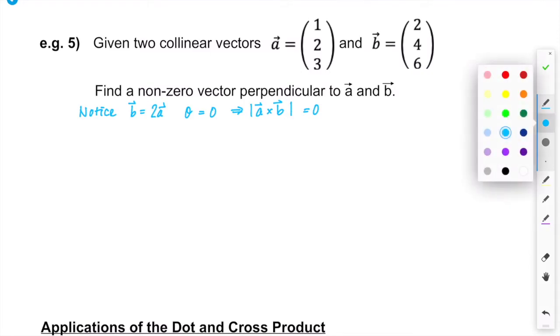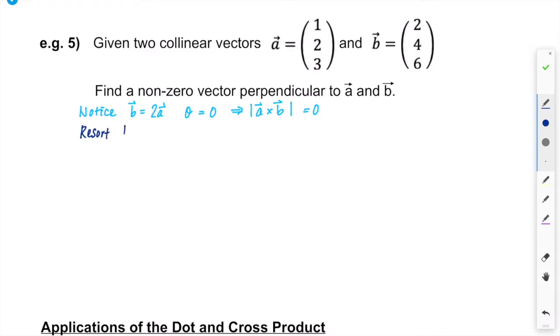So what does that mean? Well, if we have perpendicular vectors, we can still talk about dot product. Okay, so we're going to let the vector that we're looking for, vector v, be (x, y, z).